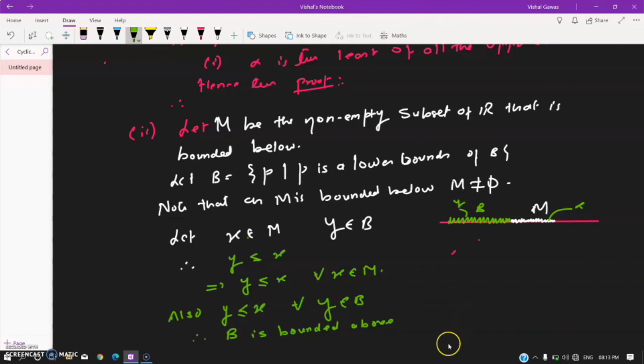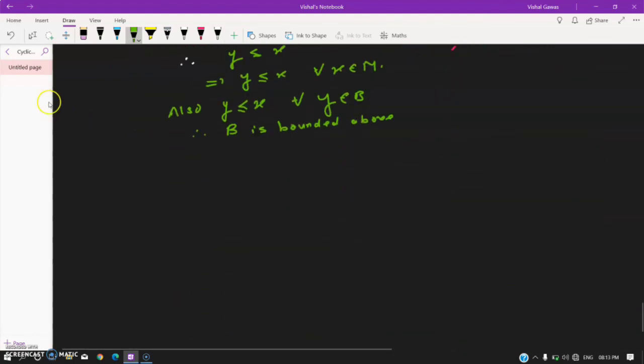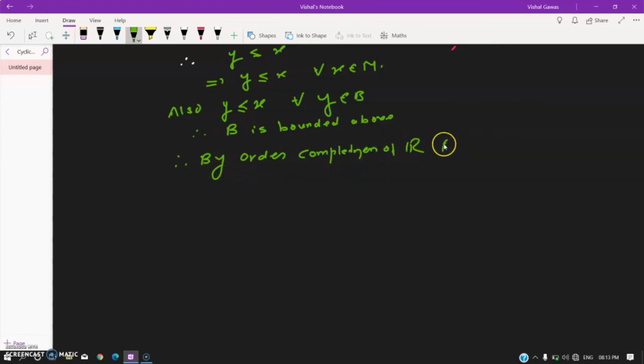Therefore, by order completeness of R, B admits a least upper bound. Let me call that beta. Therefore, beta is the LUB of B.